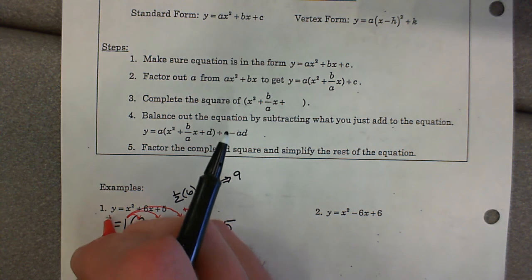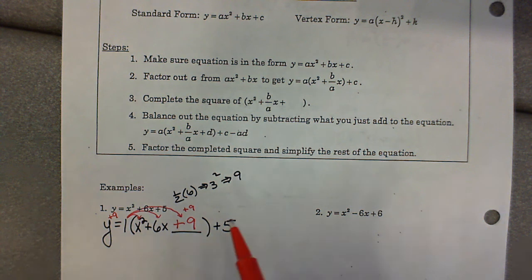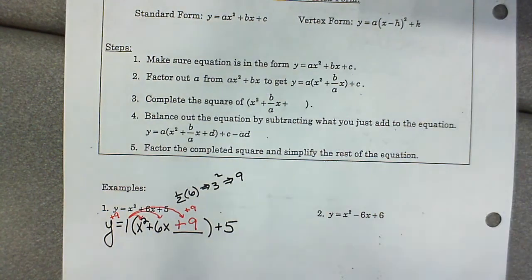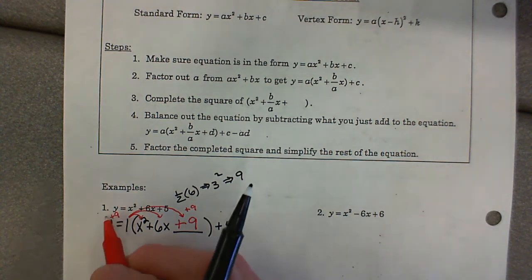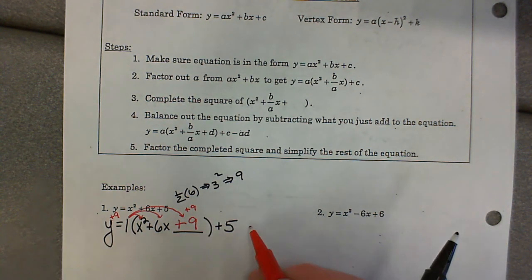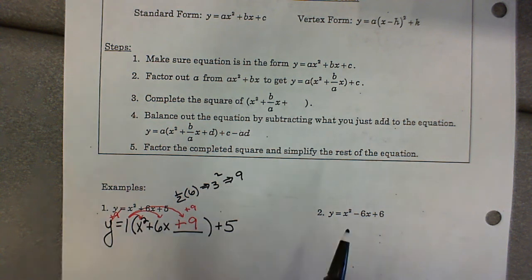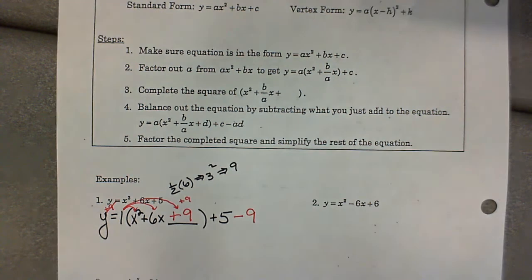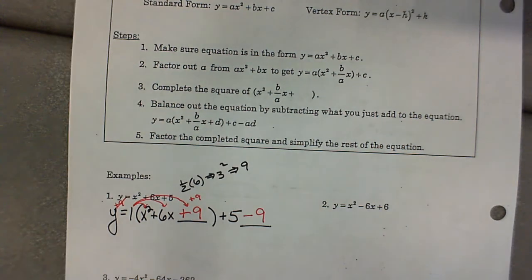Technically, I should add 9 to the left-hand side of the equation. But I don't want to, because remember, in standard form this is y equals, and in vertex form this is y equals. So I want to leave this side as y. So if I wanted to bring this plus 9 back to the other side of the equation, you'd have to do the opposite operation. So I'm going to get rid of it on this side, and I'm going to subtract it on that side. So this positive 9 got compensated with a minus 9.